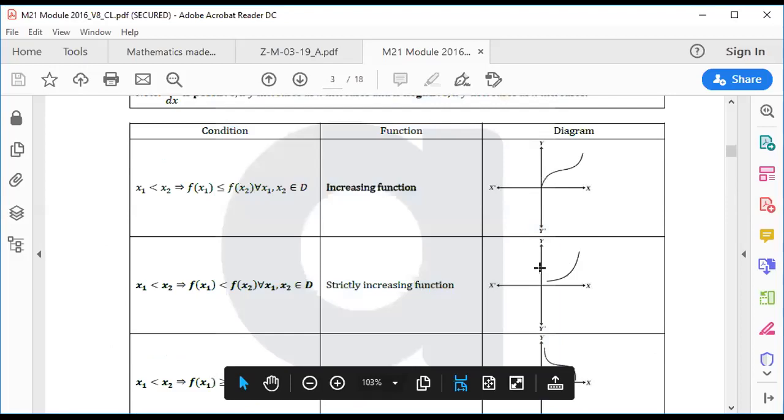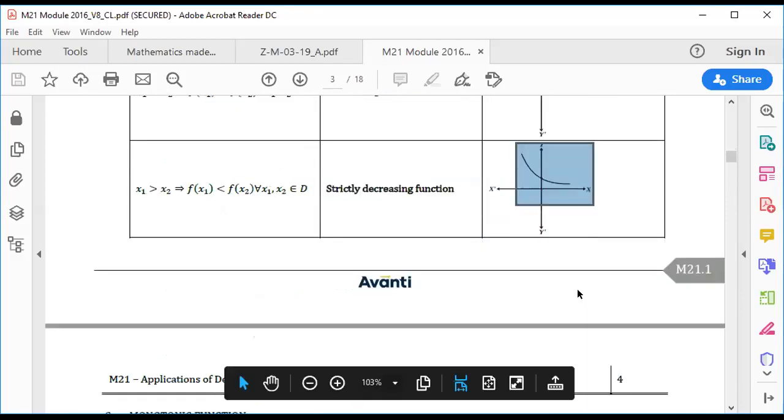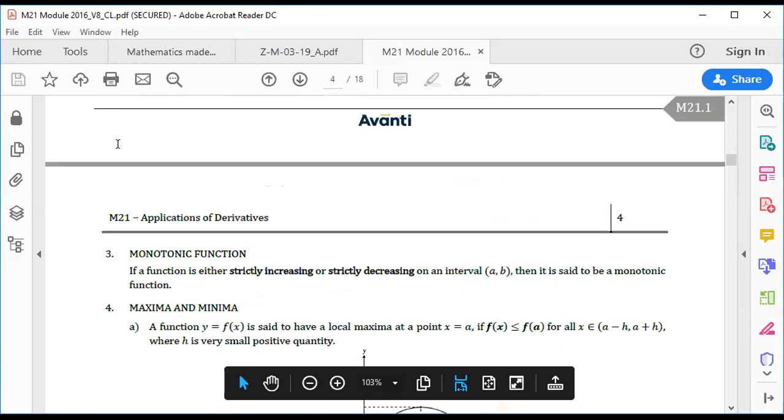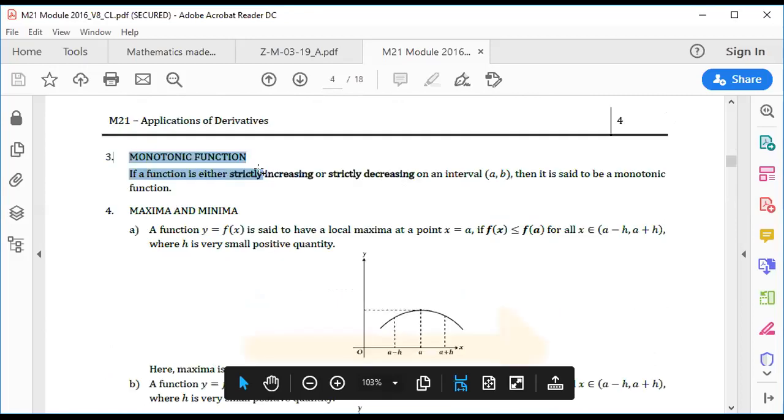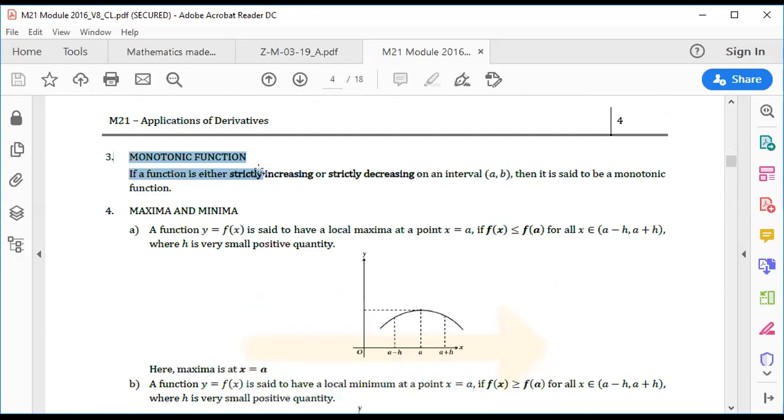It will not have the same values at two different points. So monotonicity means it is either strictly increasing or strictly decreasing.